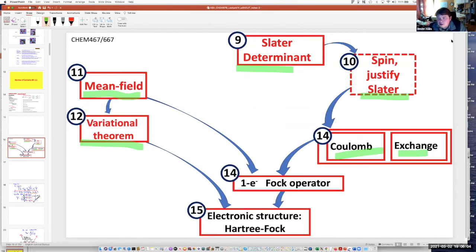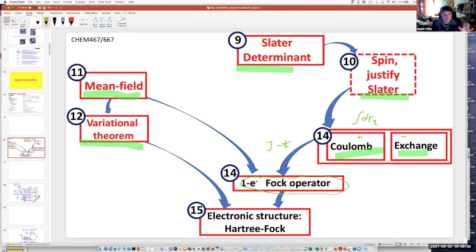Today we have discussed how one gets Coulomb and exchange terms that originate from Slater's determinant, and then we did partial integration over the second electron, and we got J minus K one-electron operators that form the Fock operator.